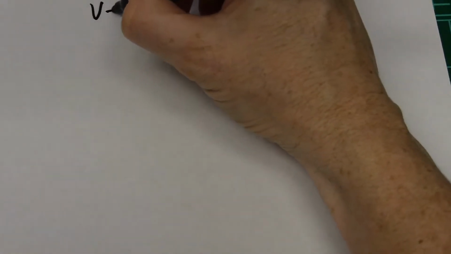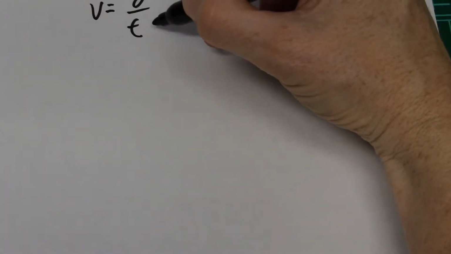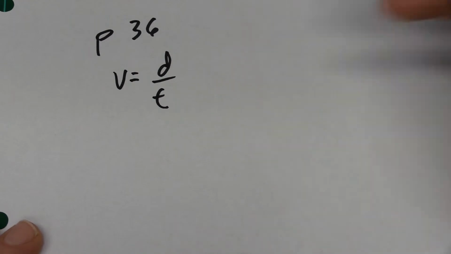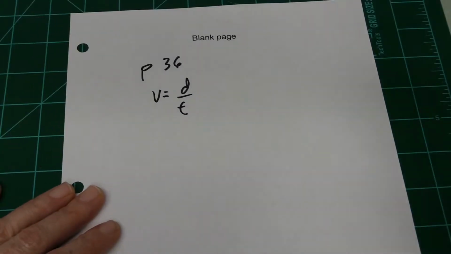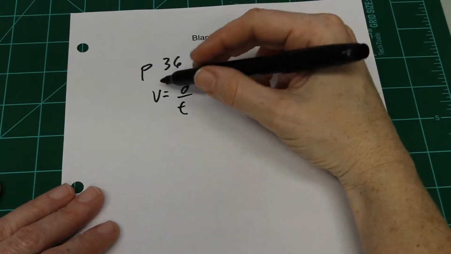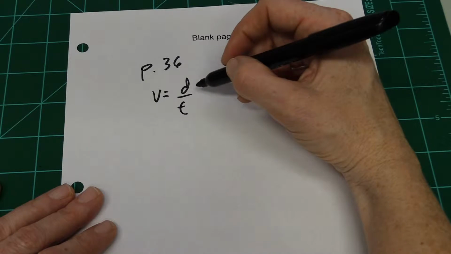So we've already talked about velocity is equal to distance over time. Now if we play around with this a little bit, sometimes we know our velocity because we're driving in a car, okay? And other times we might not.